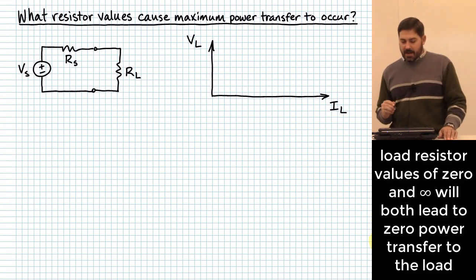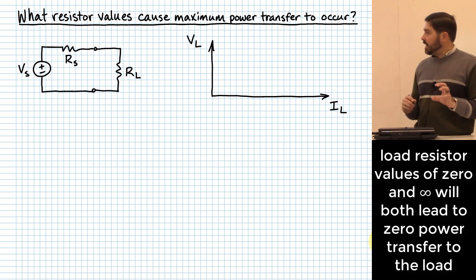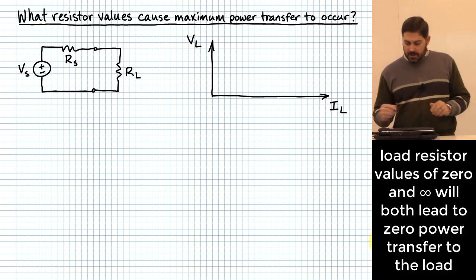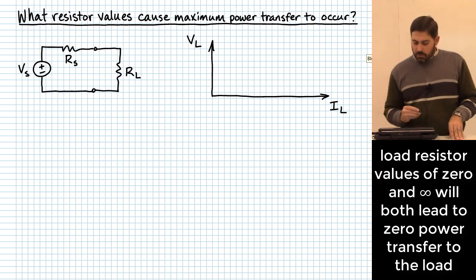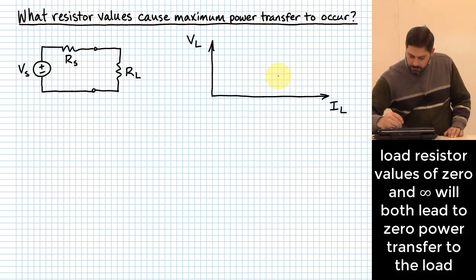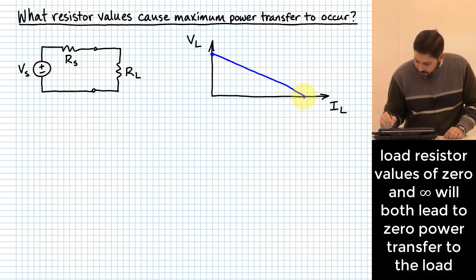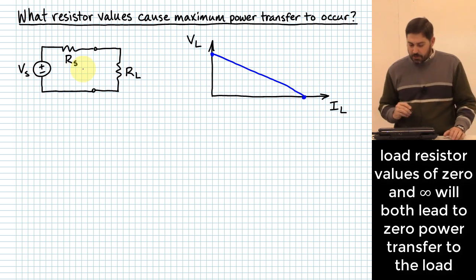Think what happens now as we imagine again changing the value of RL. We already did this once, but what would this curve look like for VL versus IL? Just remind ourselves one more time for this practical voltage source.